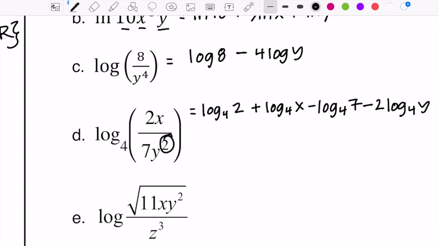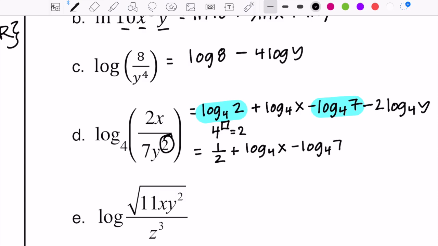I need to go look at the parts that have single logarithms with numerical values. So this is saying 4 to what power is 2. And because I'm going big to small without any denominators, I know this is going to be 1/2. So that can be evaluated. Log base 4 of 7, 4 and 7 aren't related exponentially, so I cannot simplify that one.